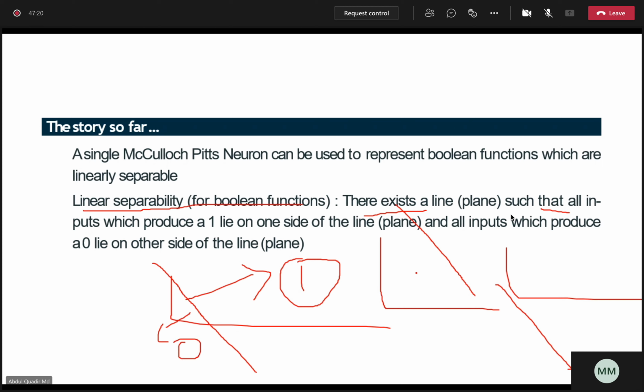This is for OR, right? For AND, anything above this was classified as 1, and this was classified as 0. So linearly separable for Boolean functions: there exists a line or plane such that all inputs which produce a 1 lie on one side of the plane, and all inputs which produce a 0 lie on the other side of the plane. And we are able to linearly classify.